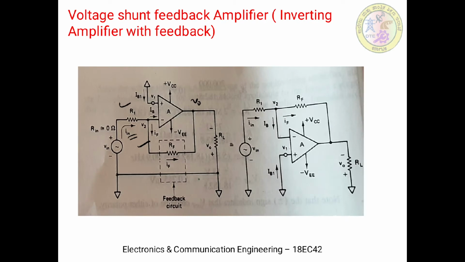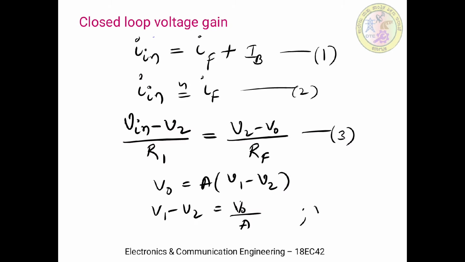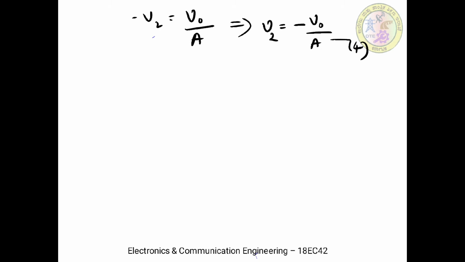We have to see this. V1 is equal to 0, connected to ground here. So as V1 is equal to 0, we are left with only minus V2 equal to V0 by A, which is nothing but V2 is equal to minus V0 by A. We'll consider this as equation 4.